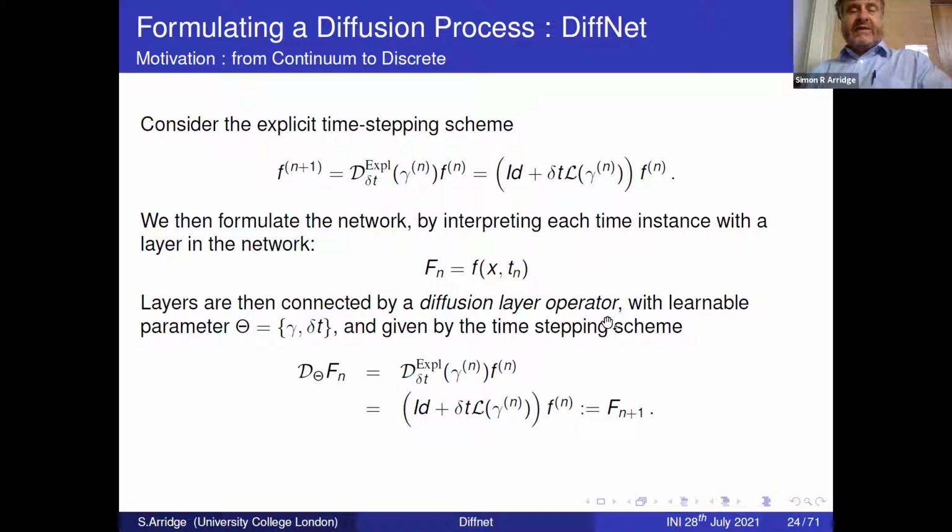And we'll use this idea of a diffusion layer operator with learnable parameters, gamma, and we'll include the time step. So we write this layer operator D_theta on the layer parameters F_n as this identity, like a ResNet style, with a time step and a learned diffusion curve.